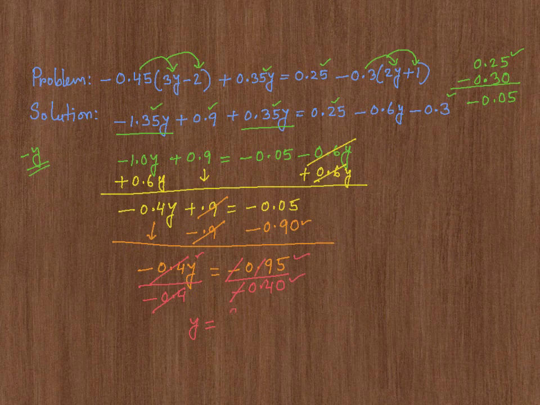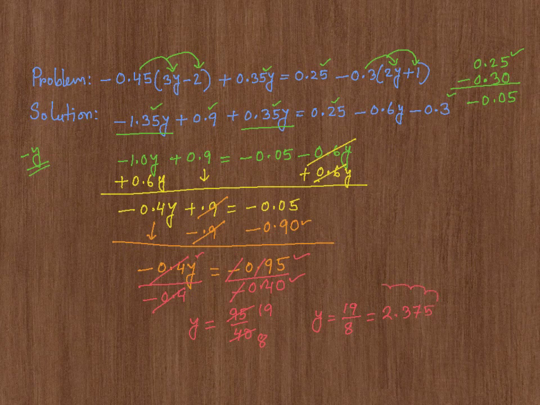That's going to give me 95 over 40. Now we could do some cancellations here. 5 goes into 95 19 times and 5 goes into 40 8 times. That gives me y is equal to 19 over 8, which, by the way, if you convert it into decimal, is going to be 2.375.